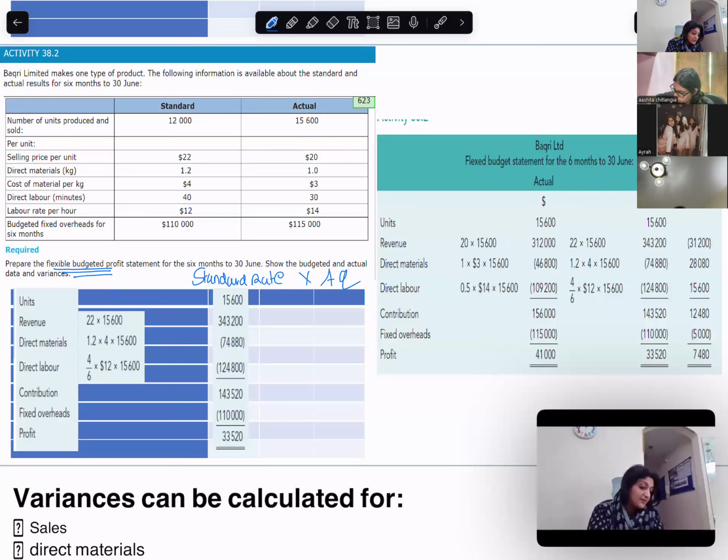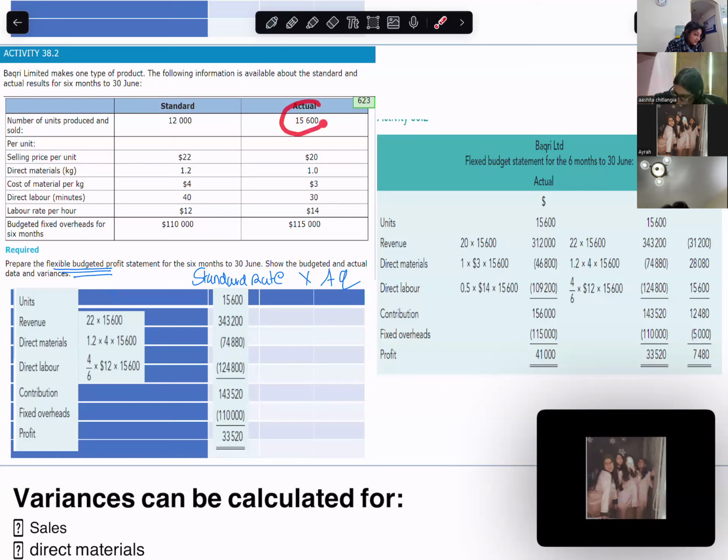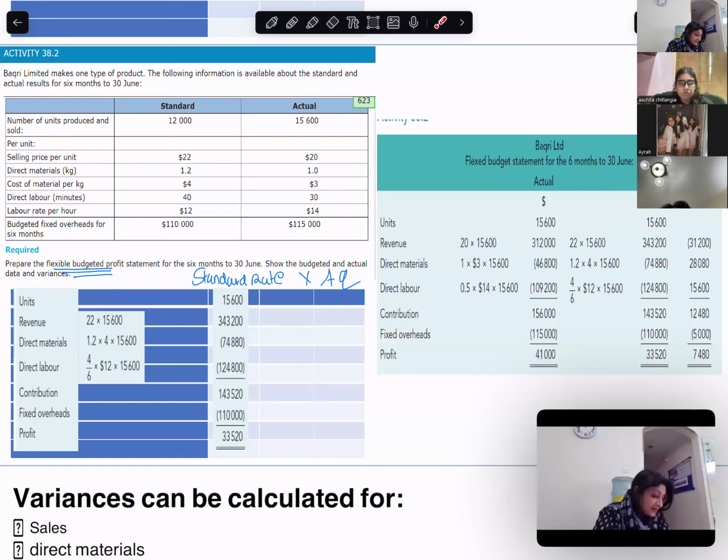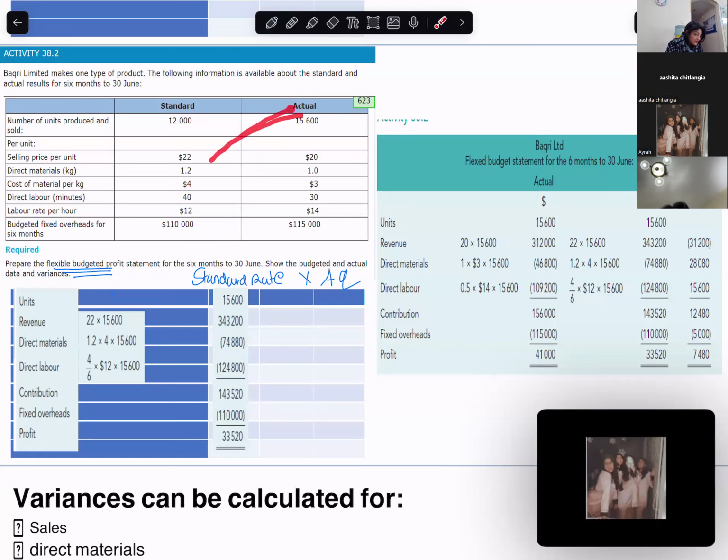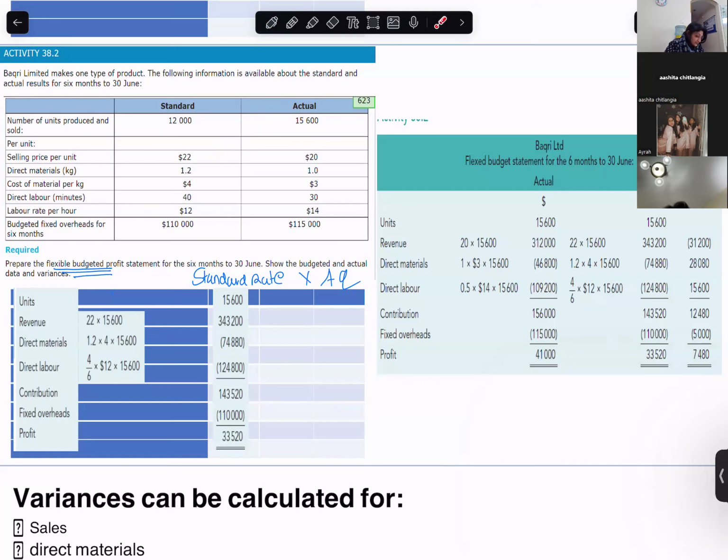In the flexible budget, what do we do? Actual quantity into standard rate. So the selling price will be 15,600 into 22, so it is 343,200. The direct material would be 15,600 into 1.2 into 4.